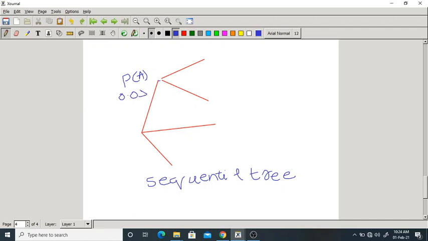Now, two things may happen. If there is an aircraft, there can be two possibilities. What are they?